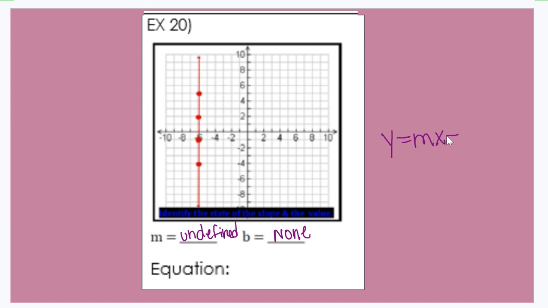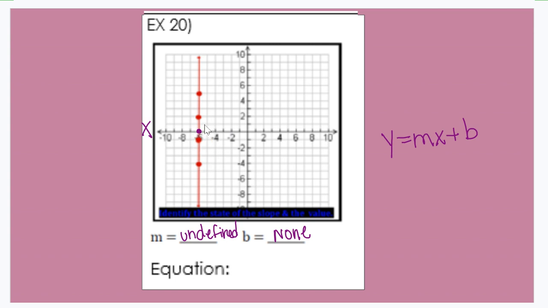All right, so let's think about our formula here. Y equals mx plus b. Well, it never crossed the y-axis, so we know we're not going to have a y in our equation. What did it cross? It crossed one of the axes. Which one? It crossed our x-axis. What number does this cross our x-axis at? Oh, it crosses right here at, let's see, negative 4, negative 5, negative 6.